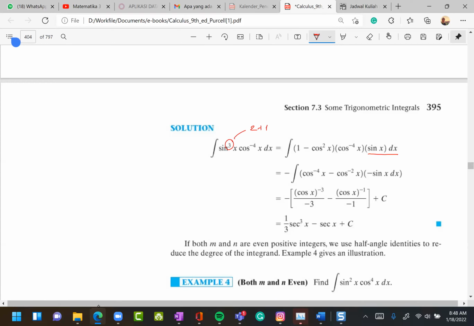We have sine power 2. Sine squared is replaced to become cosine, so you have a power of cosine. Here you have negative sine, so this becomes du. This becomes u to the negative 4, this is u to the negative 2. It's a polynomial.